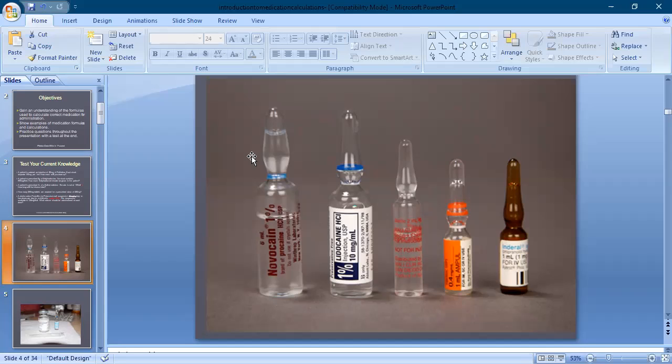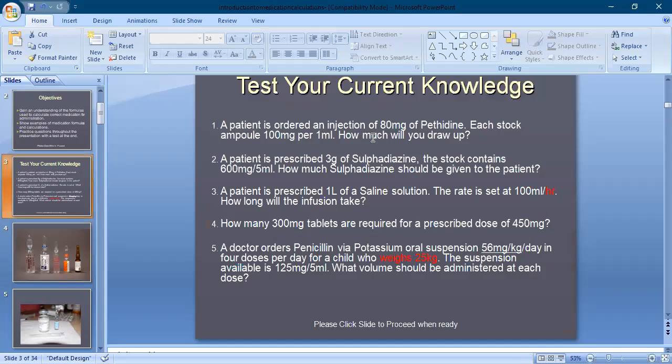The same thing is here. In the first question, they said the doctor prescribed 80 milligram of pethidine, but the medication in your hand is 100 milligram in 1 ml. So the formula is called the medication formula for liquid.